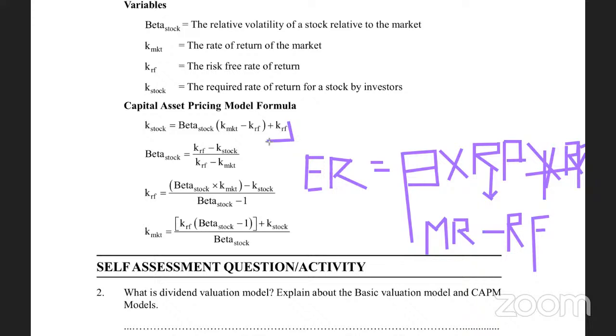What is 10%? Market return. So market return is 10%, risk-free rate is 5%. 10 minus 5, 5, plus risk-free rate 5. So 10 minus 5 plus 5 is equal to 10. That is the return.